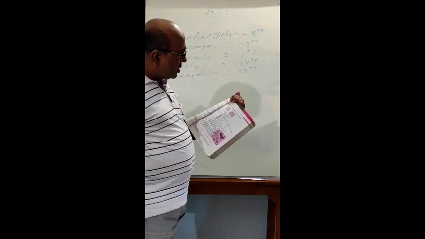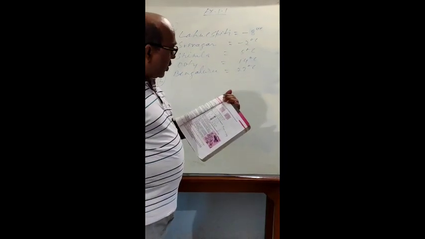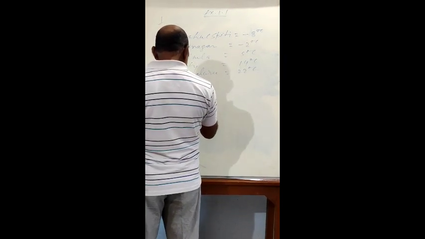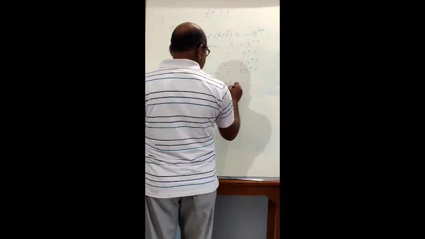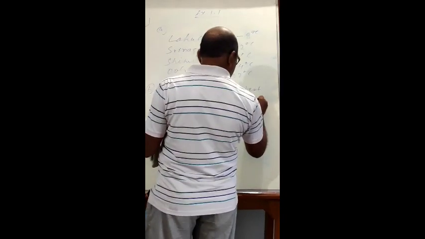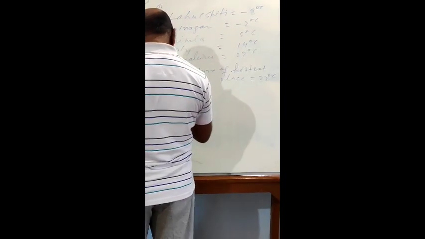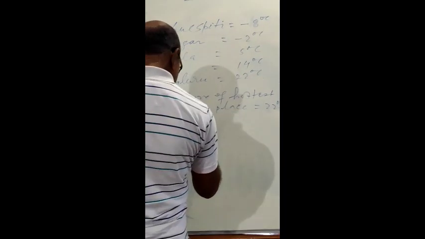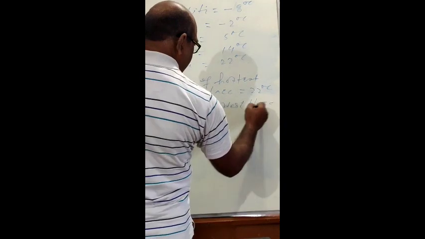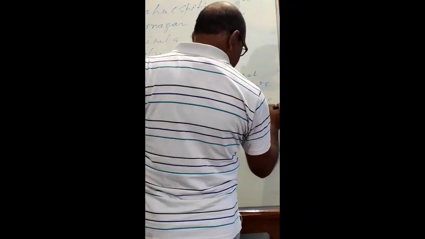The hottest place is Bengaluru, with a temperature of 22 degrees Celsius, and the coldest place is Lahul Spiti, with minus 8 degrees Celsius.